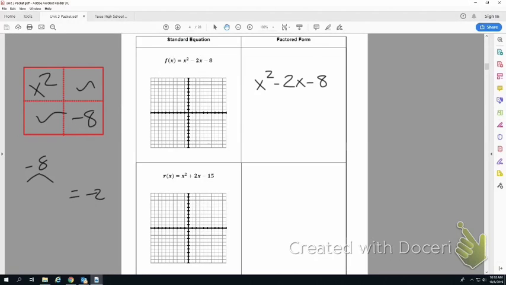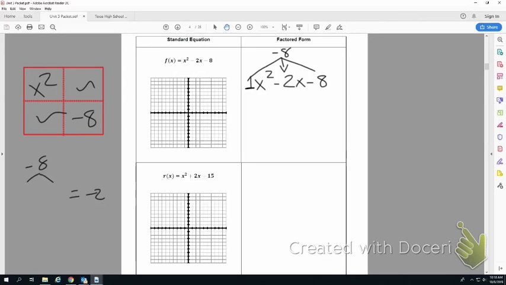So how I factor these is I'm going to multiply my A term times my C term. And you'll always see me draw that little triangle or pyramid, whatever you want to call it. Make sure you know that the coefficient of x squared is 1. So 1 times negative 8 is what? Negative 8. Then I need to find the factors of negative 8 that add up to negative 2, which would be what?